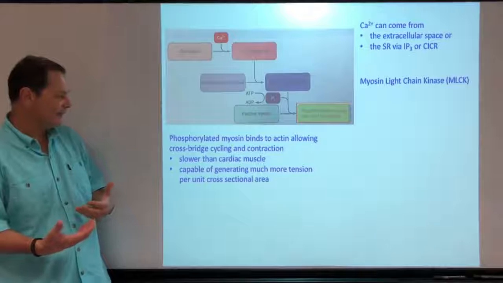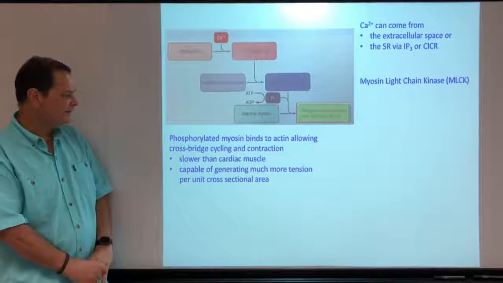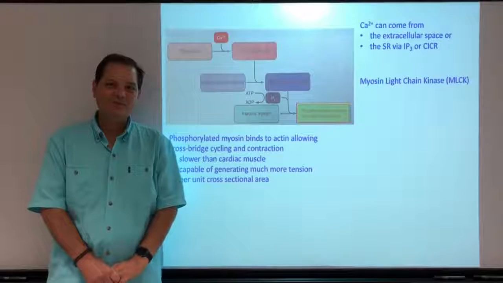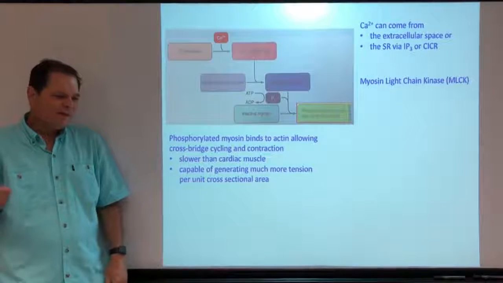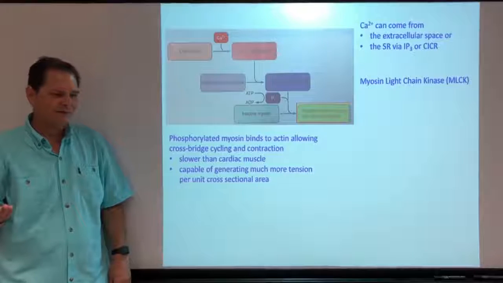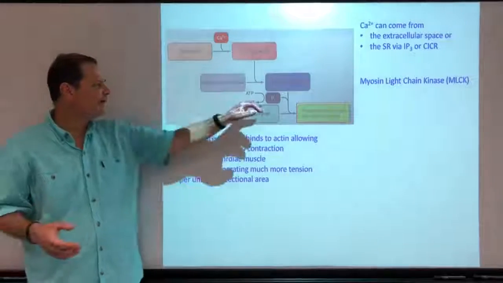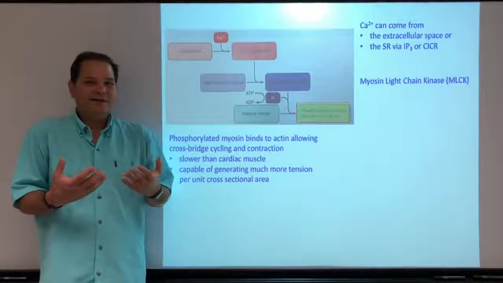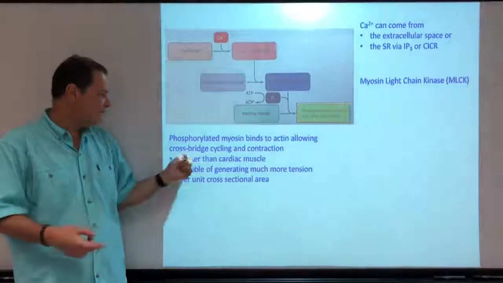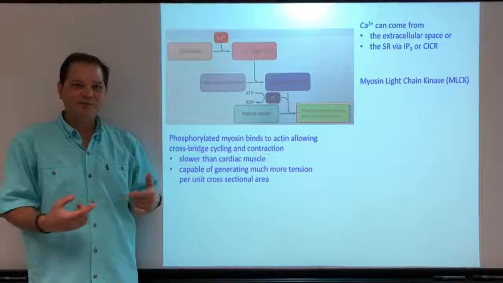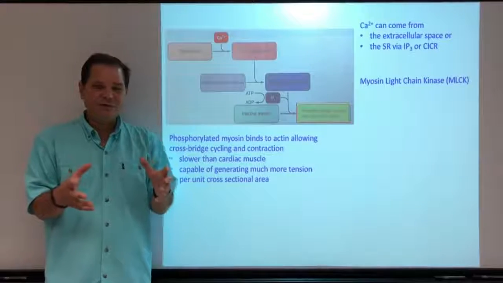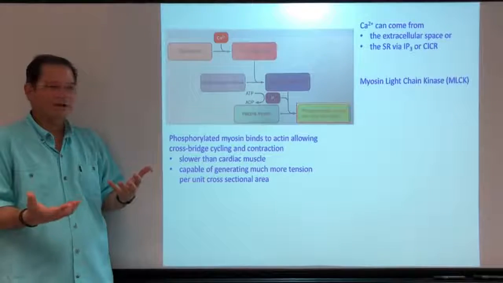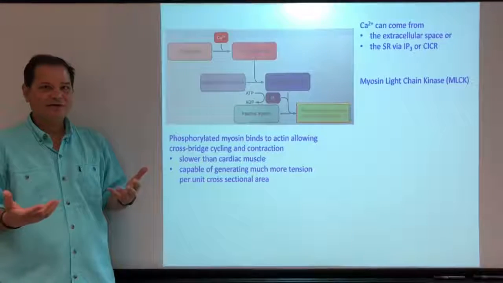Now it's slower than cardiac muscle, but nevertheless it's there, and it actually generates quite a bit more tension than cardiac muscle. So the way that I think of this, and you can safely think of it this way as well, you have a certain amount of energy in ATP. That energy can do one of two things. It can increase the rate at which cross-bridge cycling can take place, and the rate at which muscle can contract, or it can increase the force at which that muscle can contract.